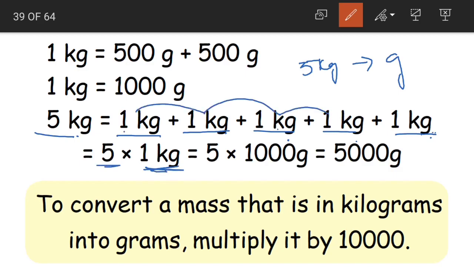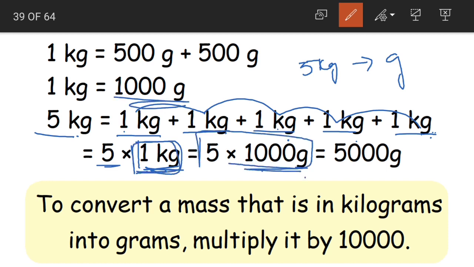We already know the value of 1 kilogram in grams, so instead of writing 1 kg, we will write 1000 grams. 5 into 1000 grams is equal to 5000 grams. Is this clear, children? 5 kgs is nothing but 5000 grams.